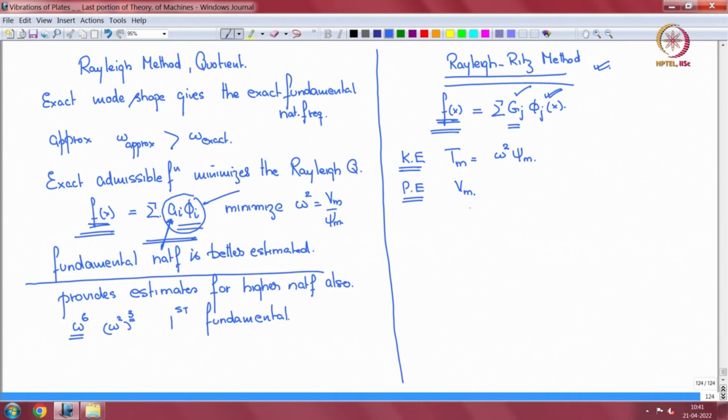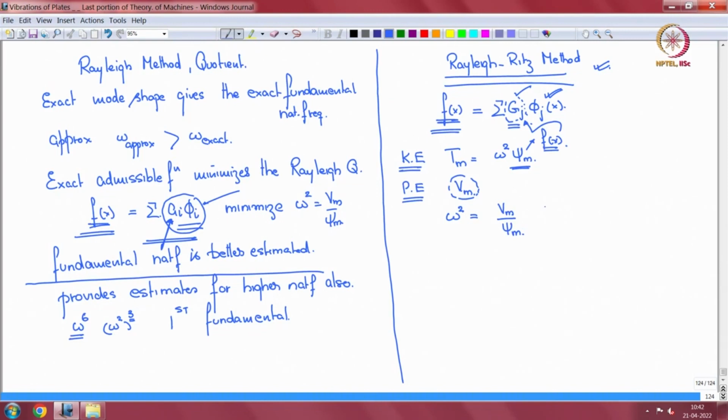Now psi m contains f of x and its derivatives, so that contains g j's, and these are integrated so that the space goes away, so it's largely a function of g j and the material constants. So I have omega square as Vm by psi m.